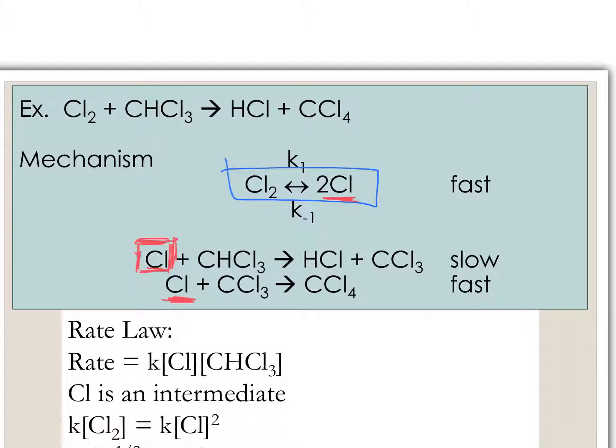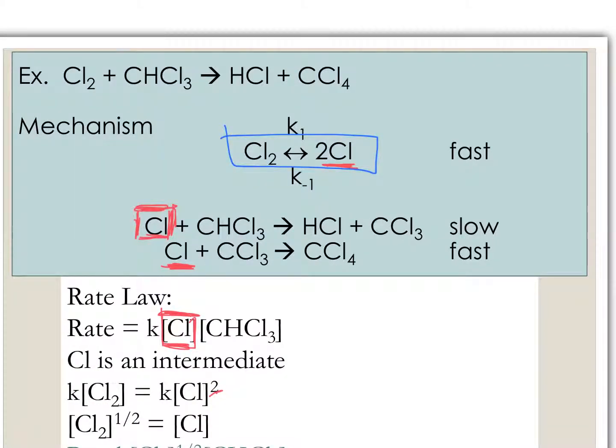So we have K of Cl2 equals K of Cl to the second order. I need just Cl by itself. Remember, I'm trying to replace this right here. I'm trying to find something to substitute it. So if this side is being squared, the opposite of squaring something is the square root.